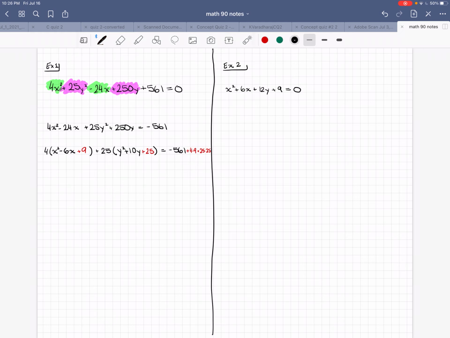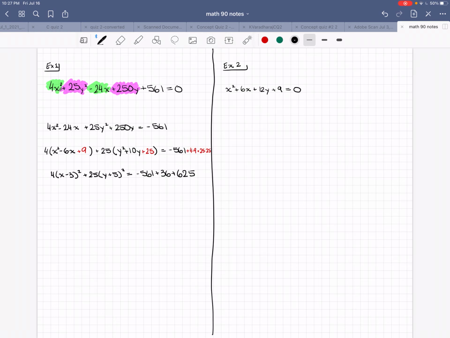Okay, so rewriting, I now have 4 times x minus 3 quantity squared plus 25 times y plus 5 quantity squared is equal to negative 561 plus 36 plus 625.